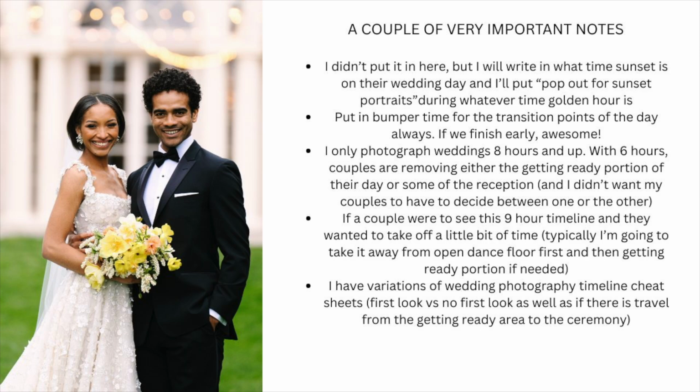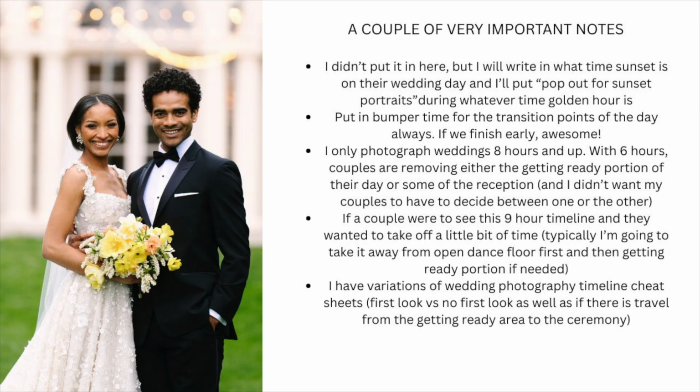Again, for this example and the cheat sheet that I'm giving you today, this would be for a prospective wedding couple that is going to have everything on site and they already know that they're going to do a first look. So I create a few wedding timeline cheat sheets for myself.